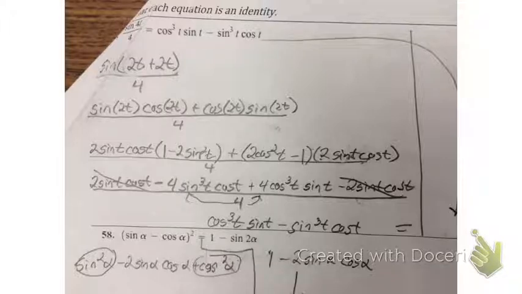I have to. It's the only one that's going to create that sine cubed and leave cosine as just to the power of 1. So to create my sine cubed, I pick sine squared for this one. To create this one, I rewrote it as 2 cosine squared minus 1 to give me that cosine squared, and it would leave my sine as just sine to the first. And then the rest is really just simplifying and being careful about it.